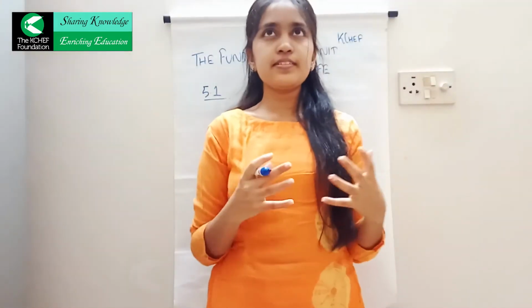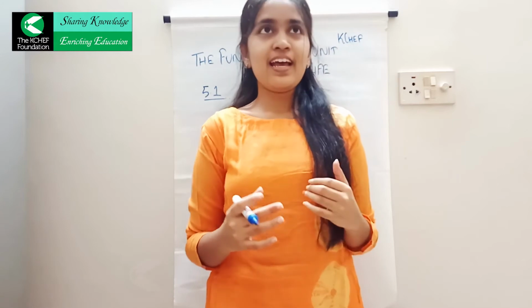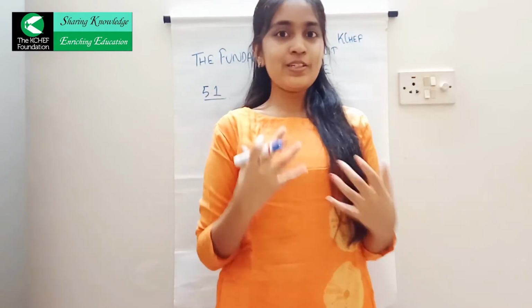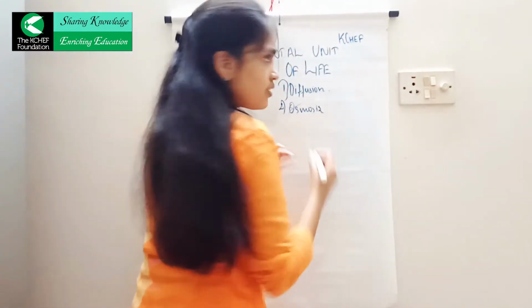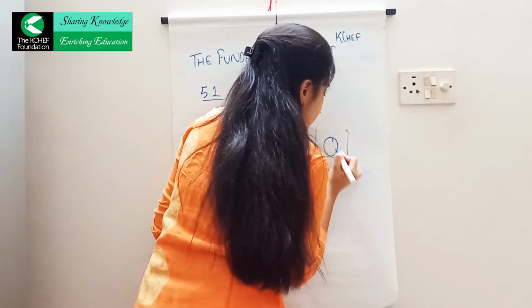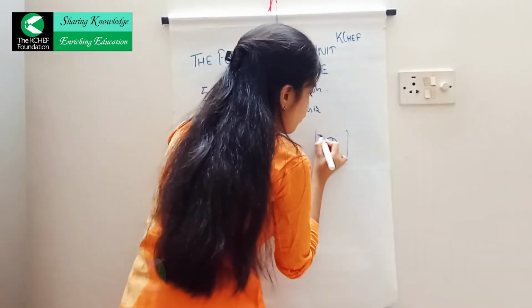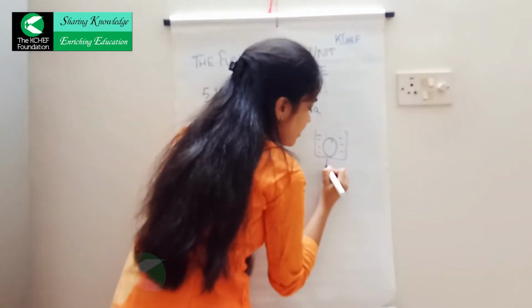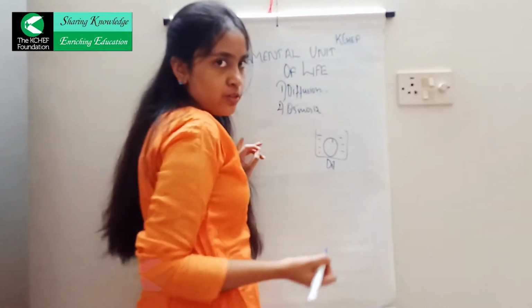This osmosis occurs in various ways, depending on the environment the cell is exposed to. So I'll tell you how this occurs. Supposing a cell is placed in a medium where the concentration of water outside the cell is more than the concentration of water inside the cell. That is, the cell is placed in a dilute solution.